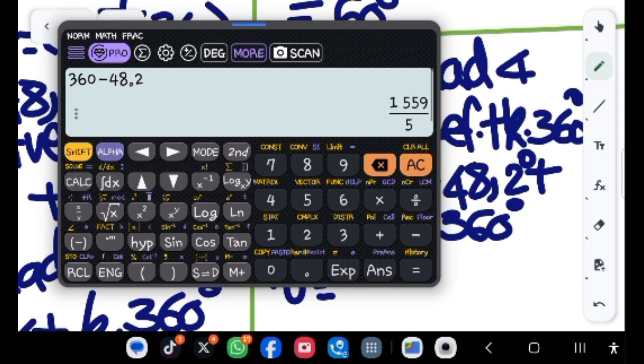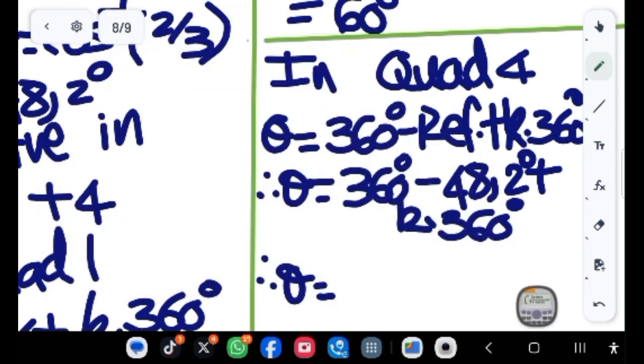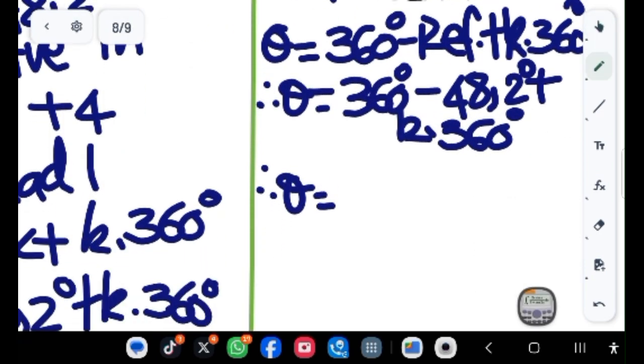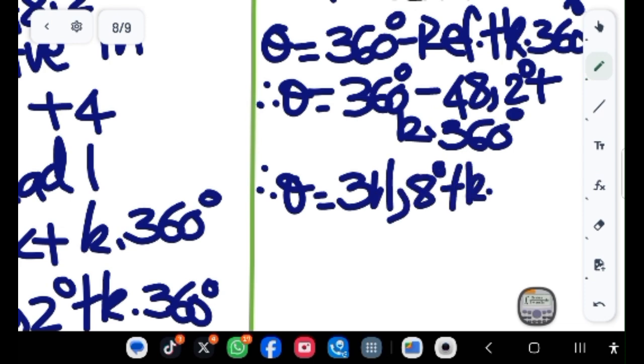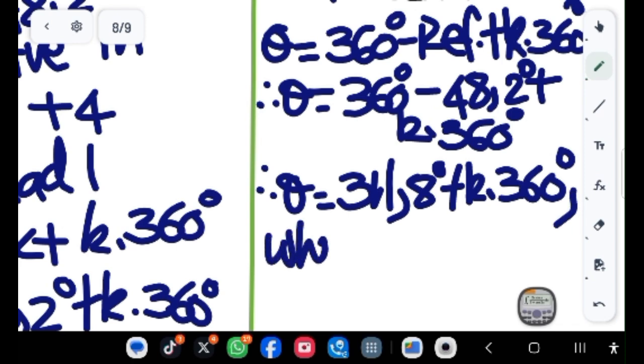That gives us 311.8 degrees plus k times 360 degrees, where k is an element of integers.